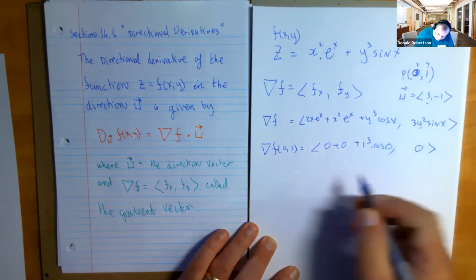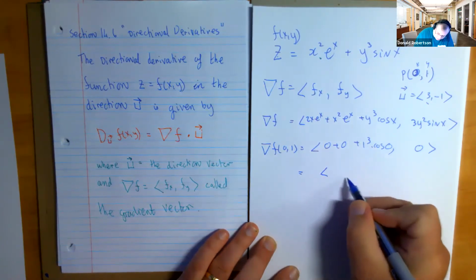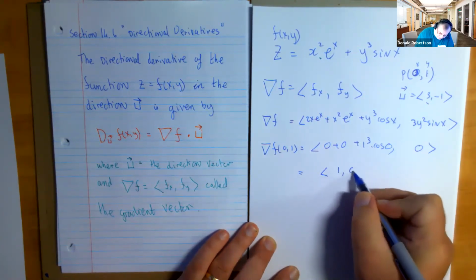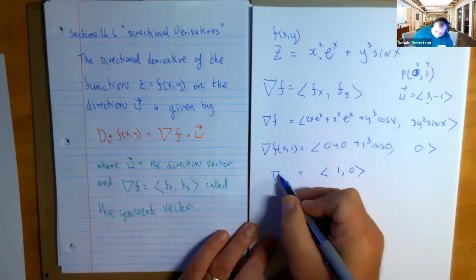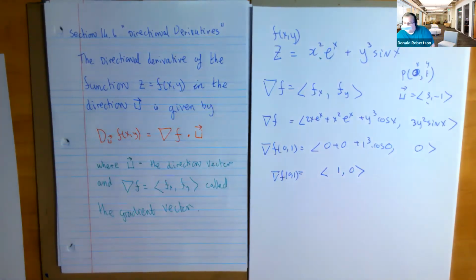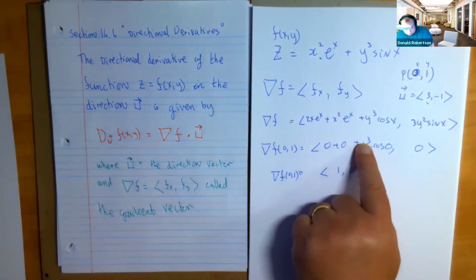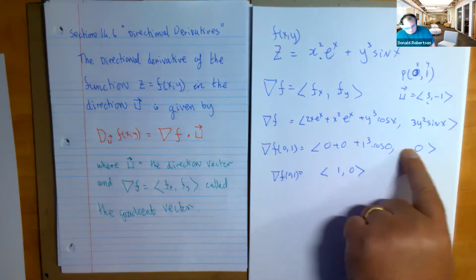After all that hard work, we end up with the gradient vector being really just 1, 0.